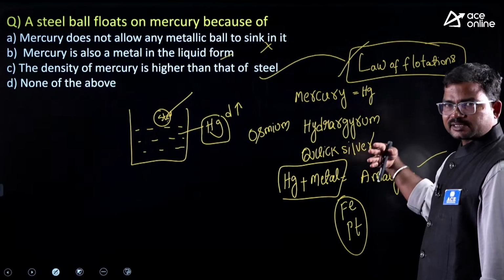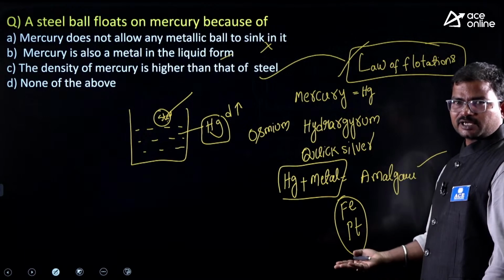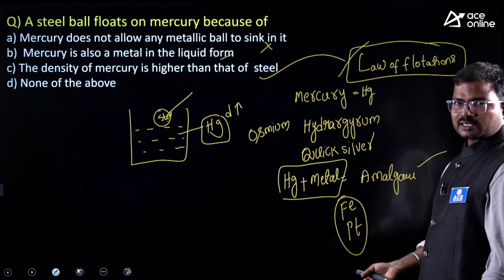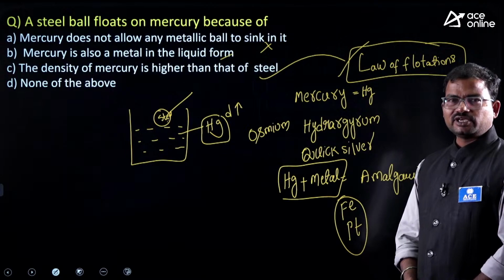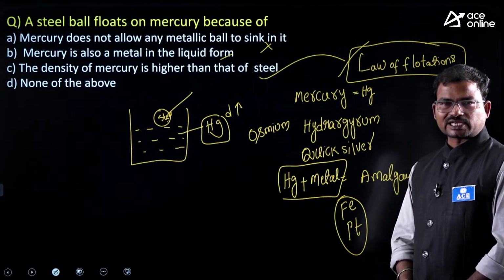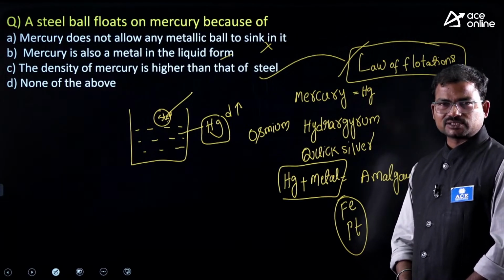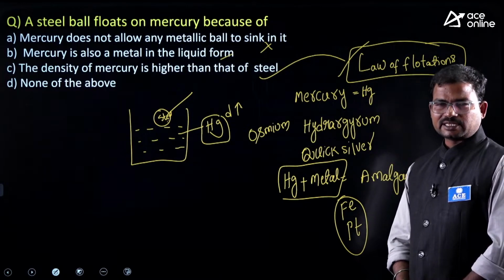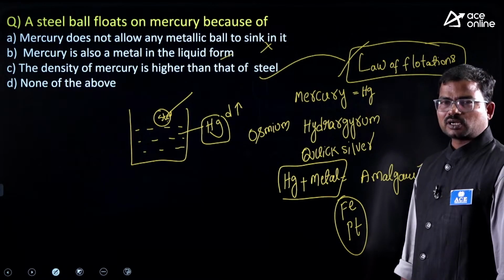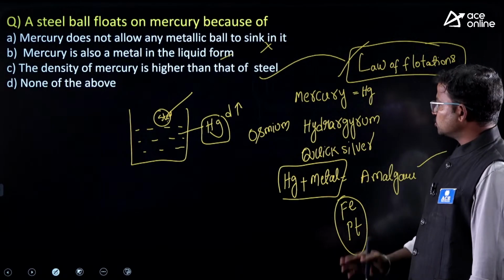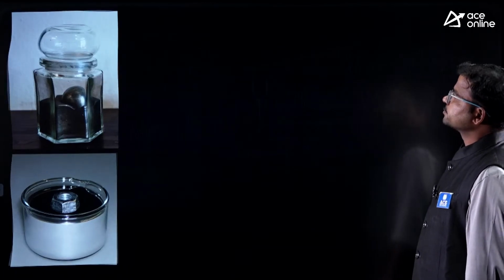Because it appears silver in color. When we add any type of metal, within a fraction of seconds almost all metallic constituents can easily dissolve in it, except iron and platinum. These two do not react with mercury.